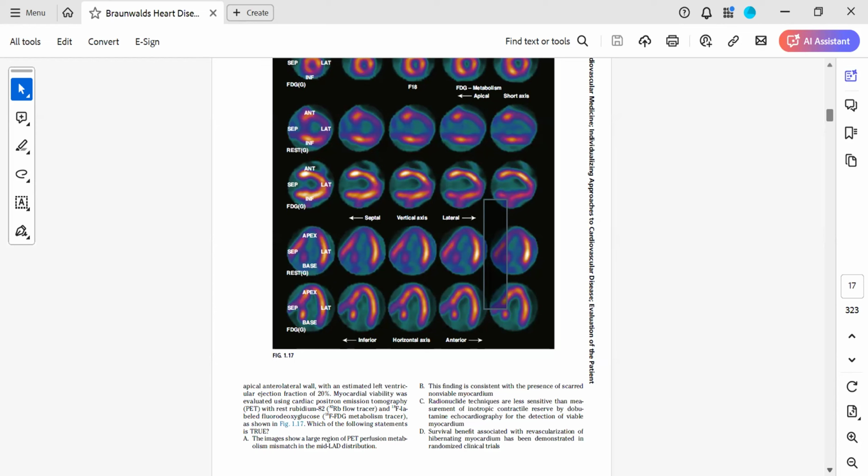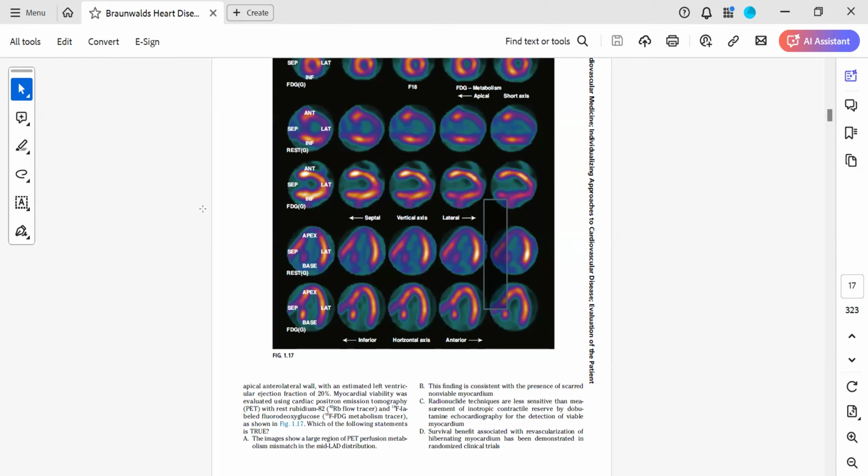Survival benefit associated with revascularization of hibernating myocardium has been demonstrated in randomized clinical trials. I don't know. There was no survival benefit in the studies. They had one with CABG, and then a recent one with PCI.